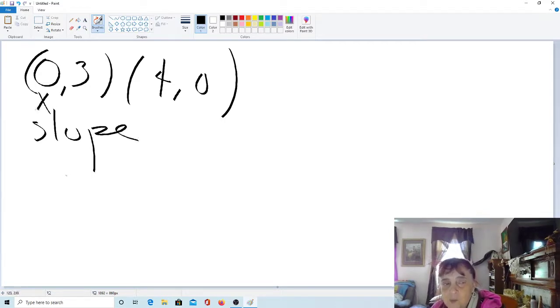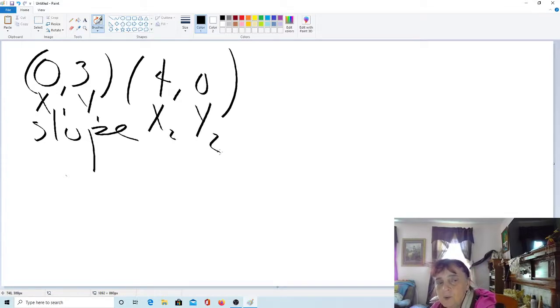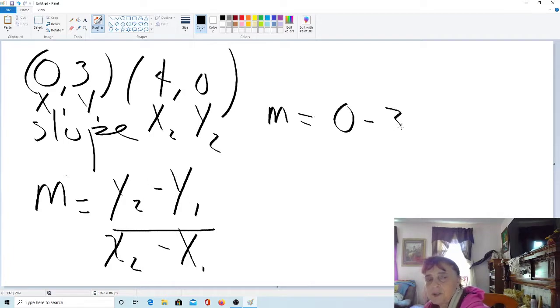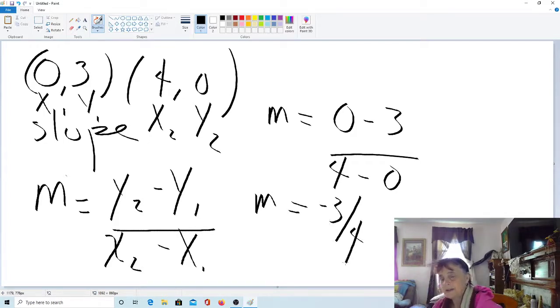Okay, this is x1, y1, x2, y2. m is y2 minus y1 over x2 minus x1. So m is 0 minus 3 over 4 minus 0. m is negative 3/4. So the equation of your line is y is negative 3/4 x plus 3.